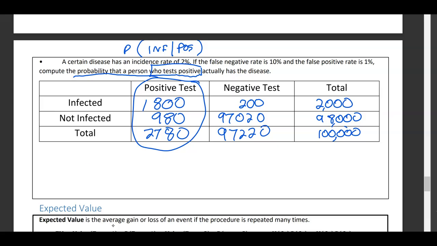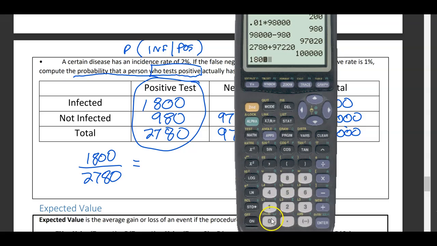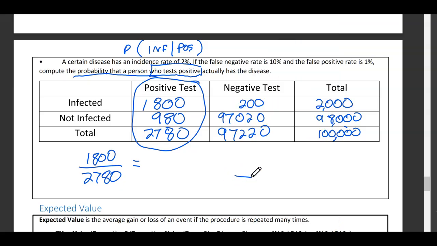Probability that they have the disease, well, there are 1,800 people out of the 2780 total. 0.647. Approximation. So they tested positive. Only 65% of the people that test positive actually have the disease.